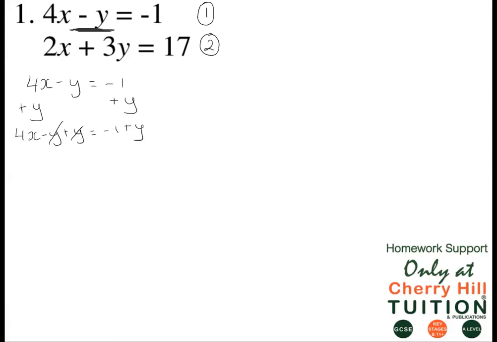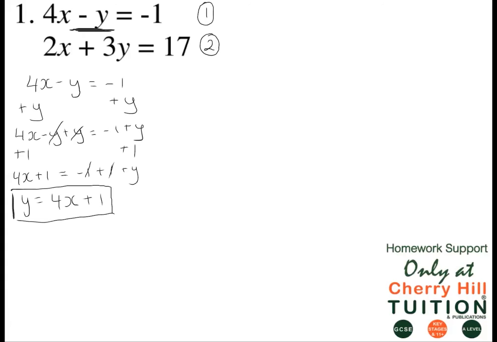We can then add 1 on both sides, leaving us with 4x plus 1 is equal to minus 1 plus 1 plus y. Cancelling out the 1's on the right-hand side, we have now made y the subject, so y is equal to 4x plus 1. Okay?